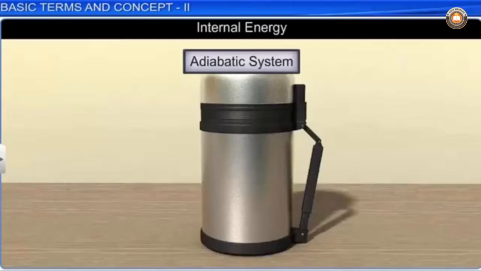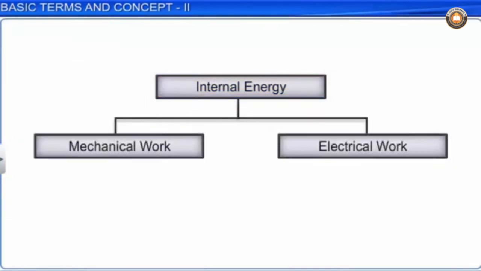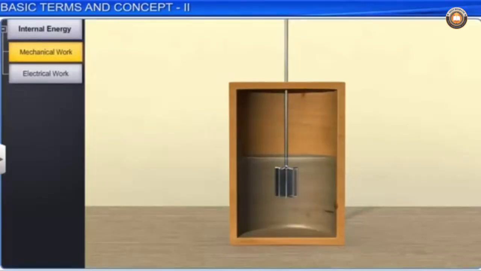In other words, delta Q is equal to 0. We can bring a change in internal energy in a system by two ways. In the first method, internal energy can be increased by doing some mechanical work. For example, by churning the water.